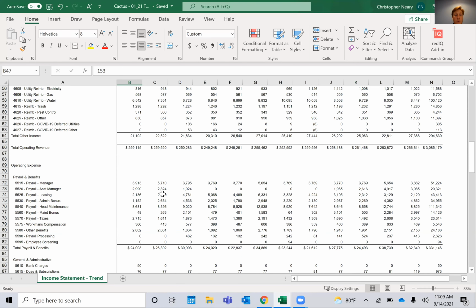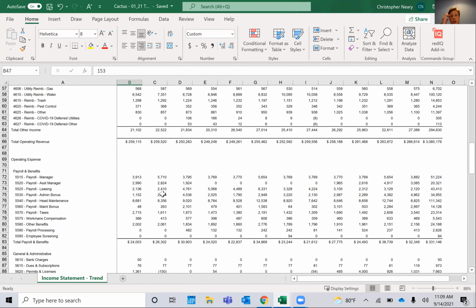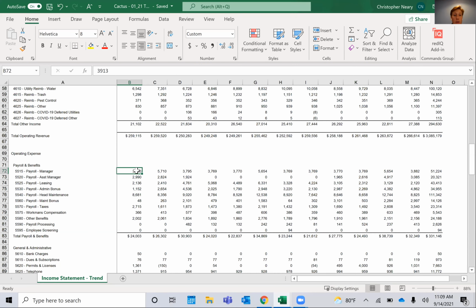Every T12, of course, has its expenses. The majority of the expenses come from the property taxes or the payroll. So here you see you have payroll. Of course, the larger the property, the more payroll you have to pay. Here at this fake property, they have a manager, assistant manager, a leasing officer or assistant, administrative, bonuses paid.